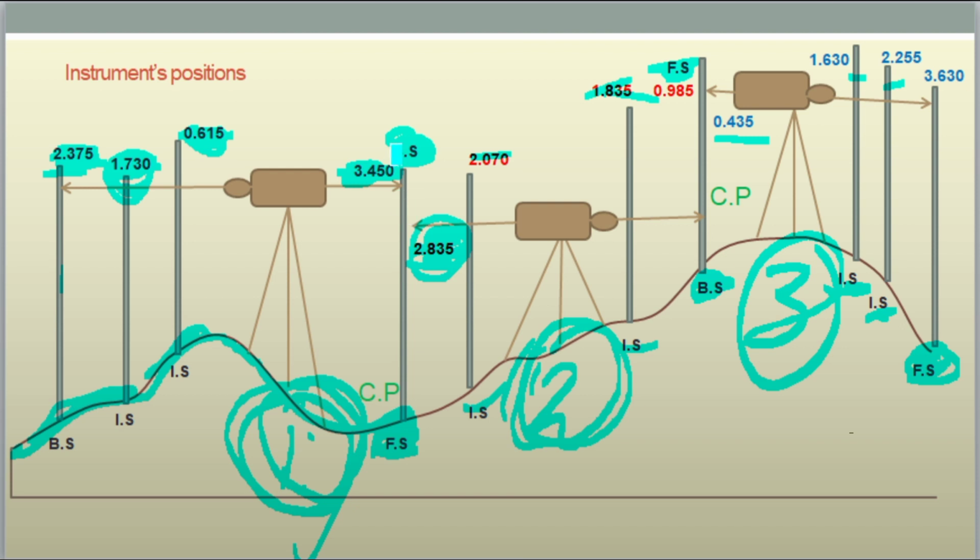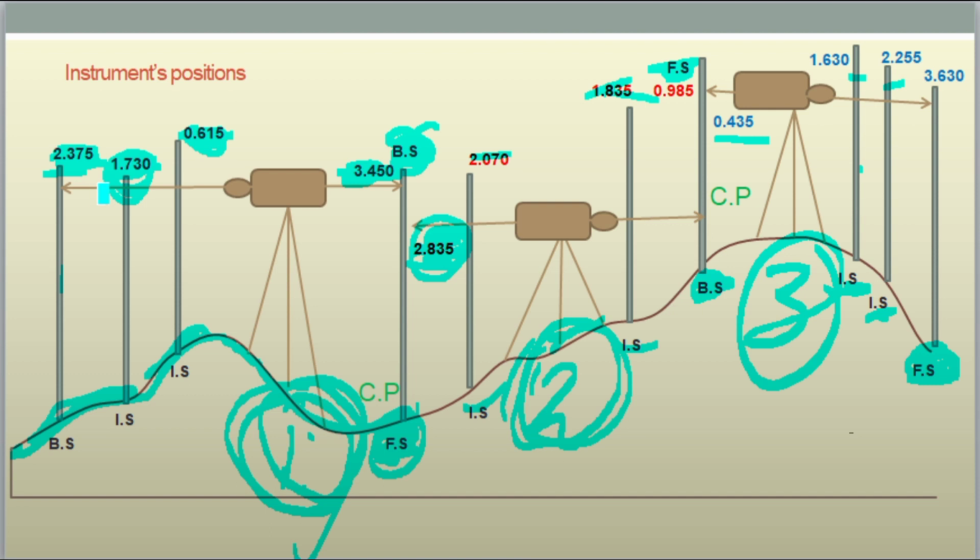So make sure you remember we maintain that position. So the staff there, we have two readings. So that is the last reading and the first reading of the second position of the instrument. So this is done until you reach the last reading of the leveling that was taken there.